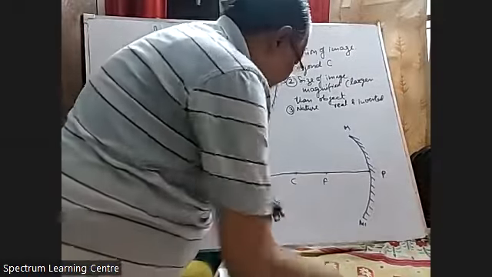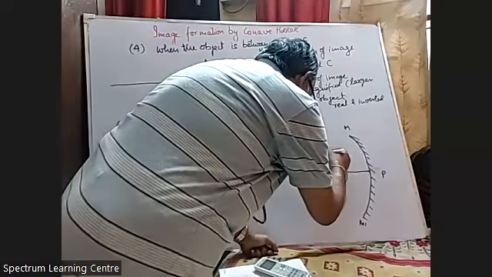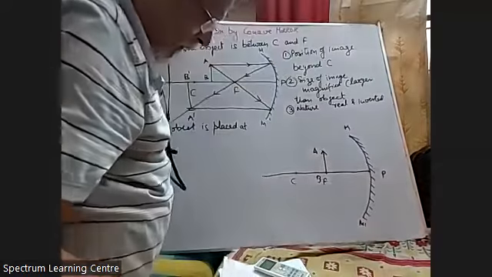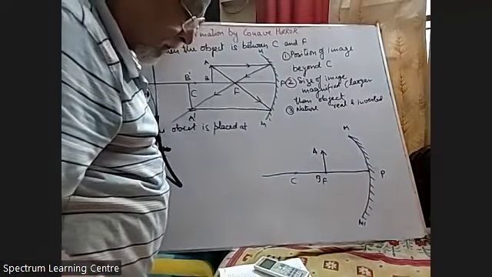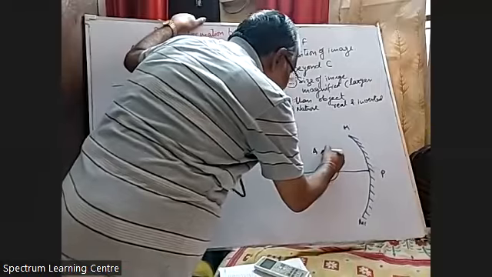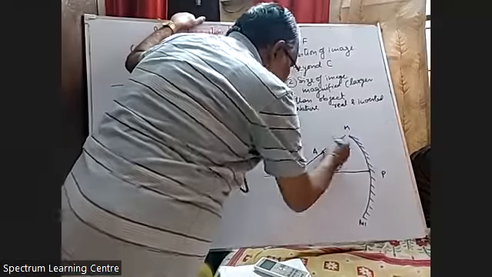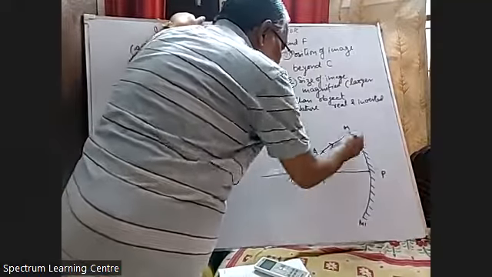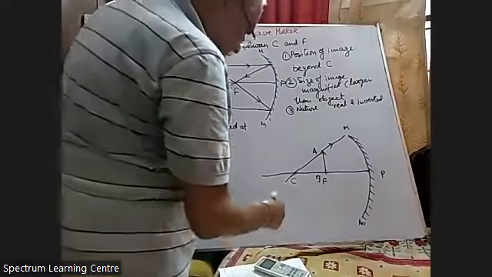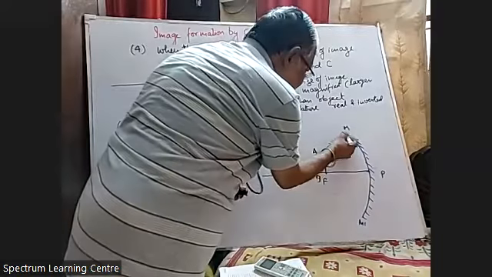Now the object is kept at focus, exactly at focus, A, B, right? Now take a ray which passes through center of curvature. I'll have to extend the mirror.